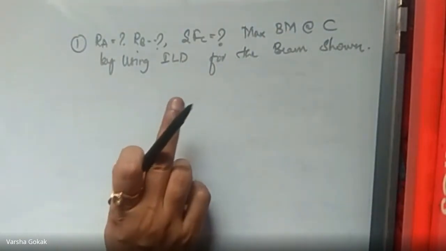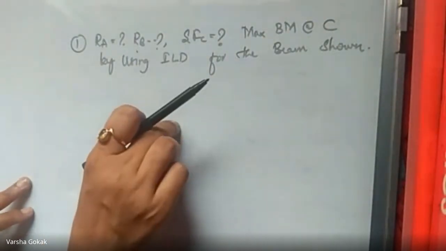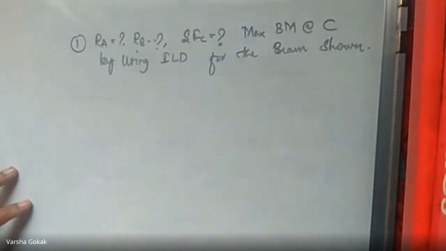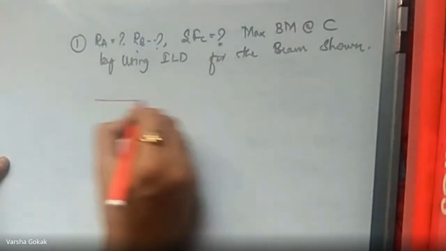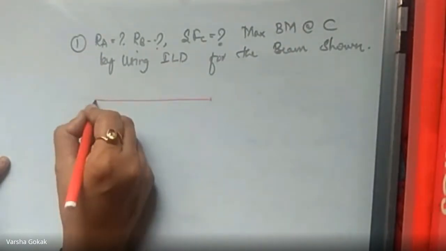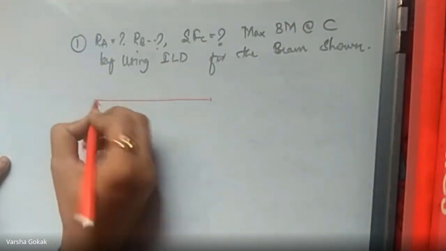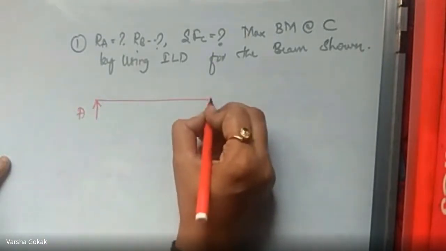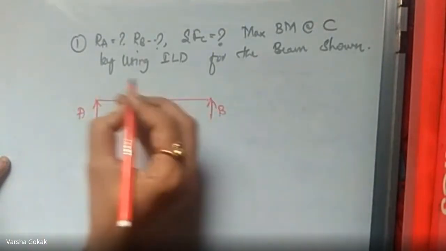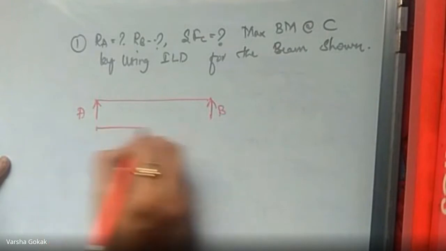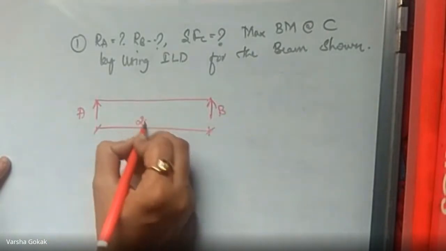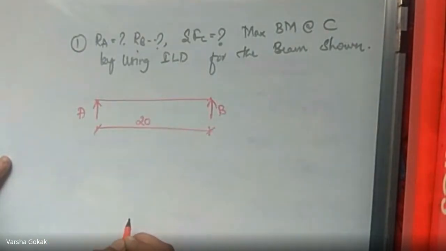We will not draw the influence line diagram here. You want to use the influence line diagram of a standard case. The diagram goes like this. You have a simply supported beam. This is A, this is B, and the total span is 20 meters.